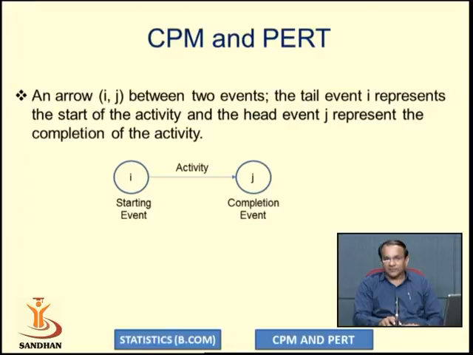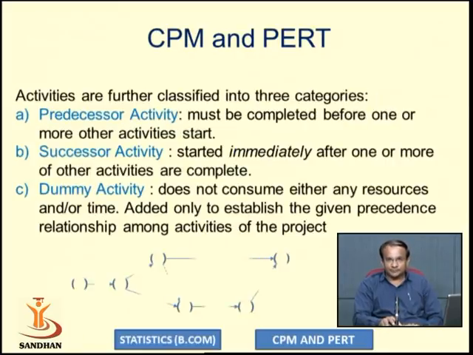Here in the graph, the activity ij is denoted between these two nodes, starting event and completion event, and it is also denoted by ij in parentheses, or using any symbol A, B, C, D and so on.